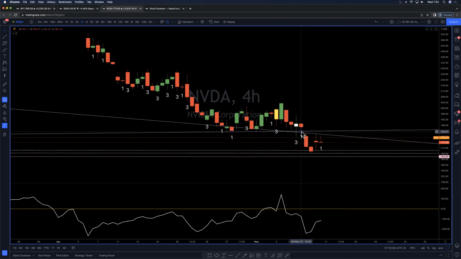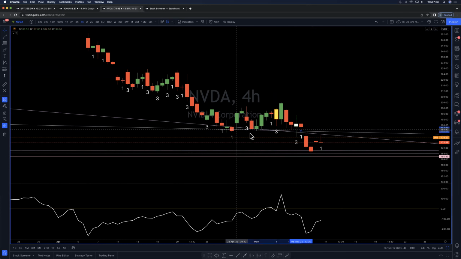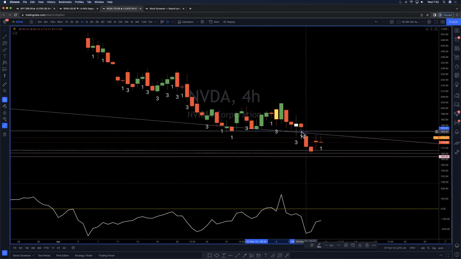So I drew this broadening formation from the low of this bar back to, I'm going to draw it to this next lowest bar, next lowest low here. Because this could be a potential broadening formation pivot, because this is going to be the low bar in this range.